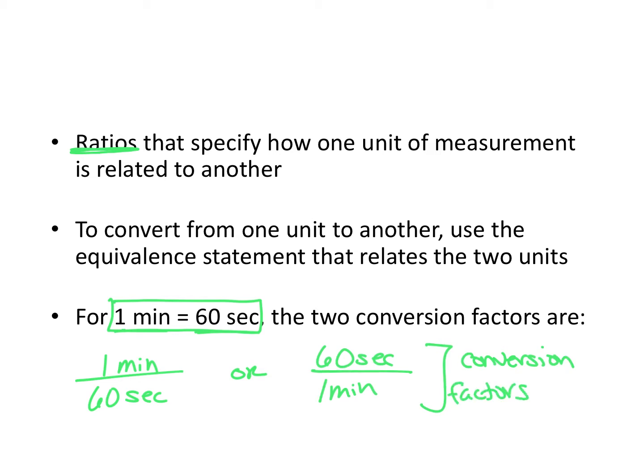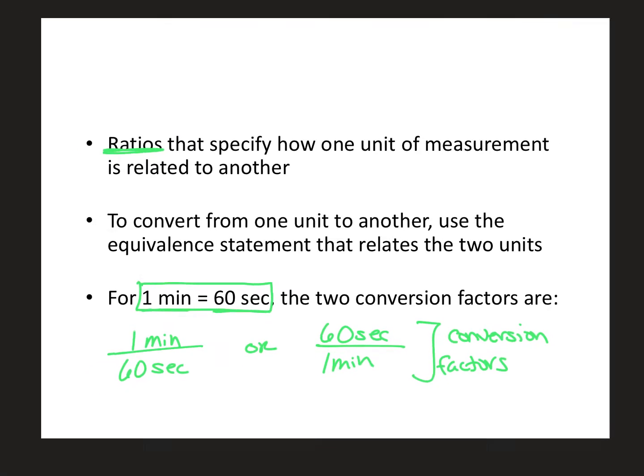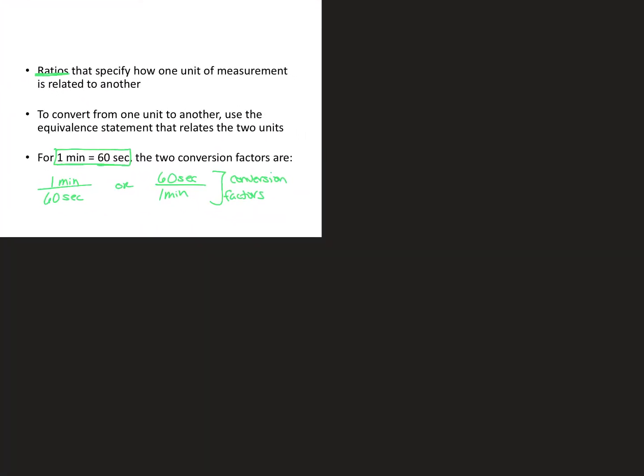Now, which conversion factor you're going to use depends on which unit you're starting with versus which unit you're going to. A little math tip and reminder that will help: let's say we're starting with 5 minutes, and I want to know how many seconds that is equal to. Because these are units you're familiar with, you might be able to do this in your head, and that's fine.